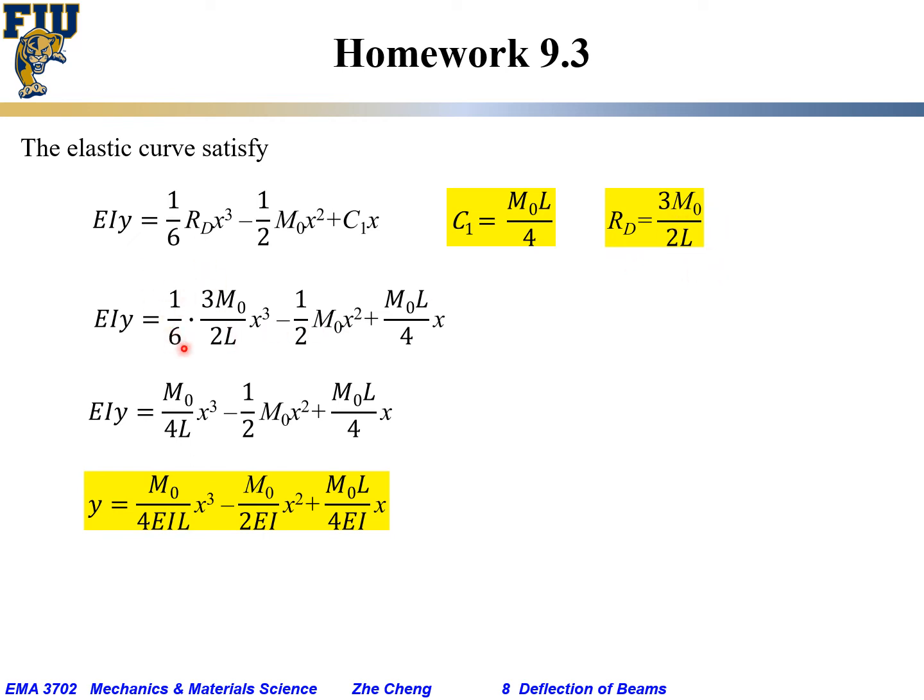So you plug them in: 1 over 6 RD becomes this one times X cube, minus half of M0X square, plus C1 becomes M0L over 4 X. And if we combine them a little bit, 3 and 3 cancel, 4L in the denominator, M0X cube minus half of M0X square plus M0L over 4 X. And we can get y would be, dividing everything by EI, M0 over 4EIL X cube minus M0 X square over 2EI plus M0L over 4EI X.